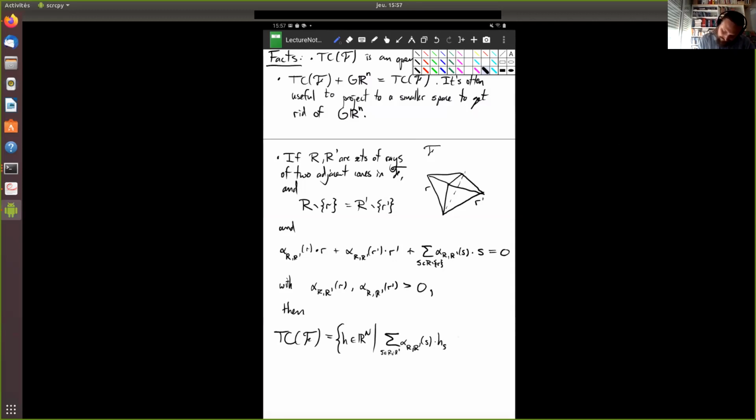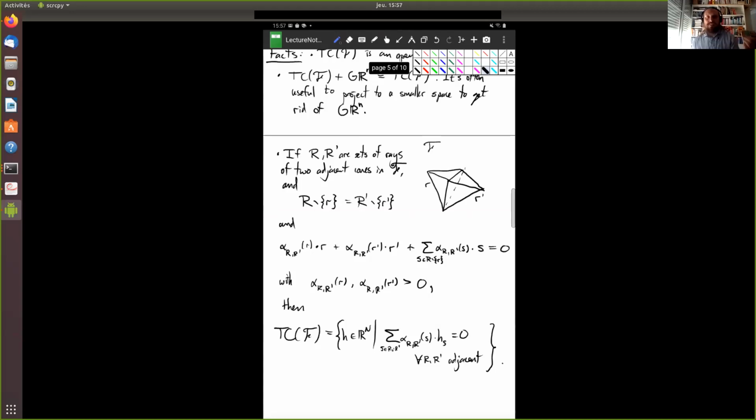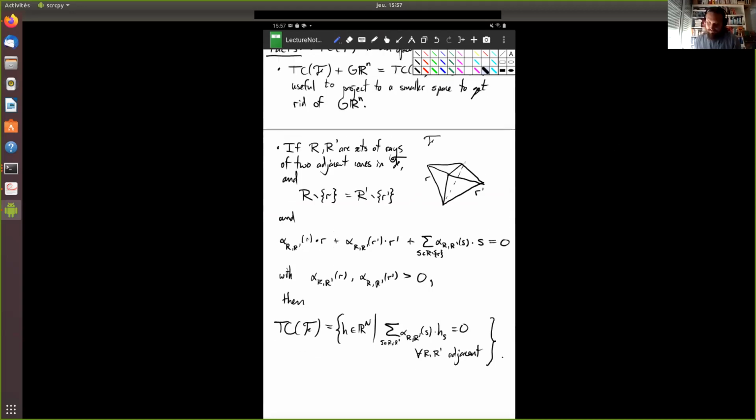And you do this for all pairs of adjacent cones in F. So this is a nice description of the cone. You know all inequalities that define it. This also tells you why it's an open cone. Oh, sorry, I said equals 0, but that's not right. You want inequalities. There you go.